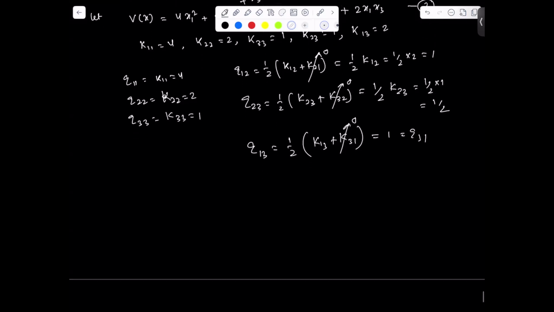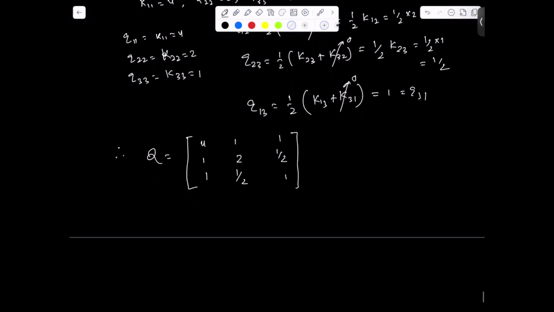Okay. So based on these Qs, we can form the Q matrix, which is Q equal to 4, 1, 1; 1, 2, half; and 1, half, 1. If you notice, this is basically our positive definite matrix. And we can write now V(x) equal to X transpose Qx.